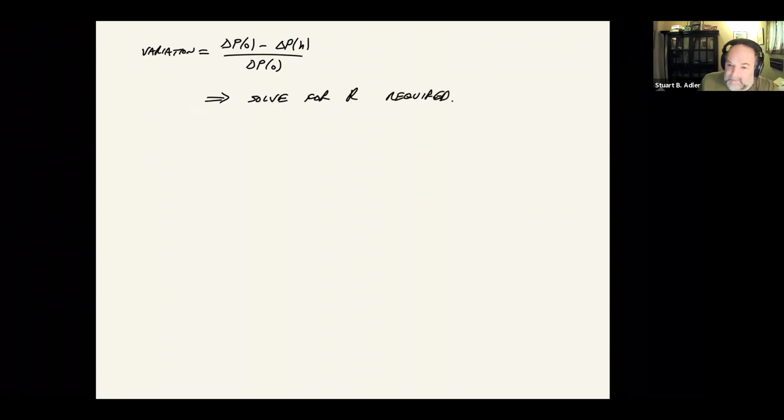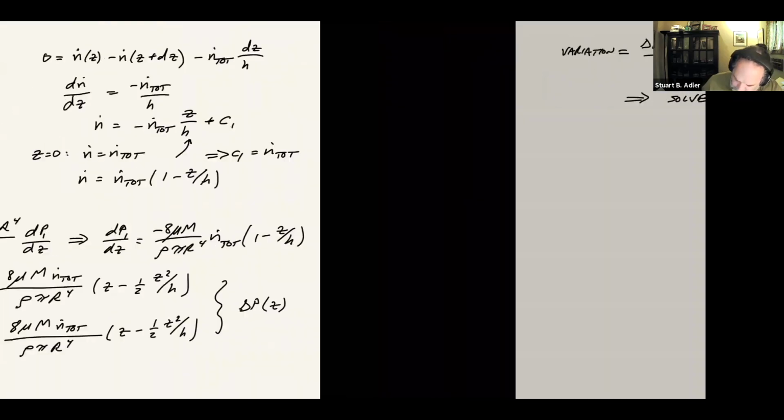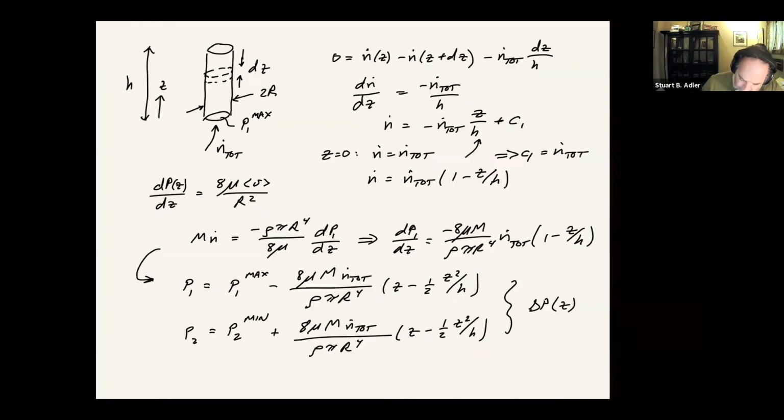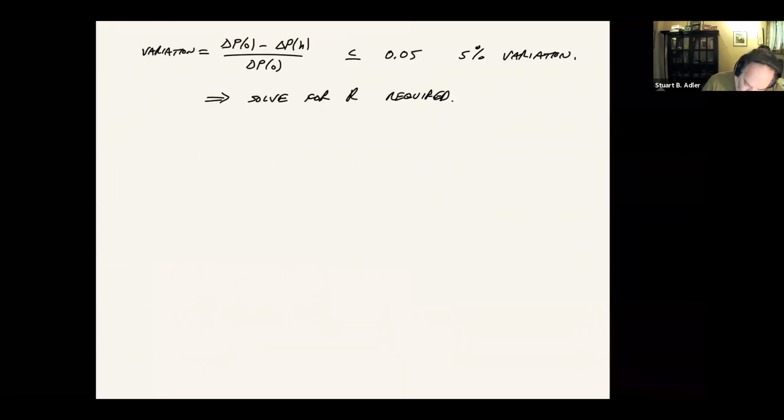Let's say, for the sake of argument, we want this to be less than or equal to 5%. We're just going to take this formula, plug it in, and calculate the variation. It's going to be 8 mu capital M times ṅ_tot times h over rho pi r to the fourth times delta P at the bottom.